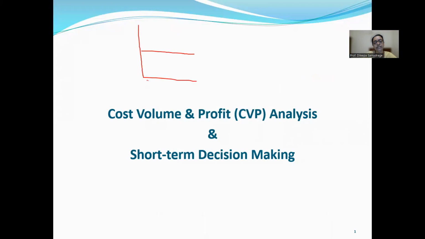Within this range, your fixed cost is fixed, 100,000 or any figure. We don't relate it to units. At 10 units and at 20 units, the fixed cost is the same. Okay, ma'am.